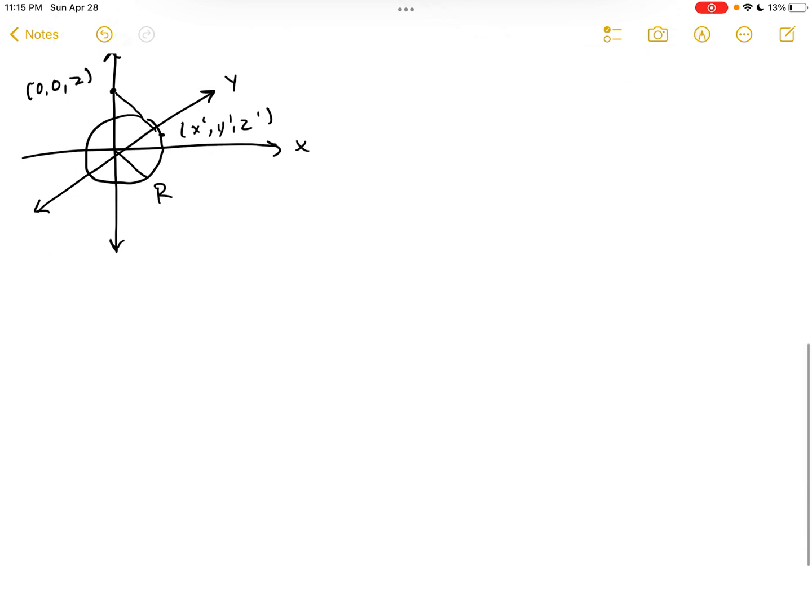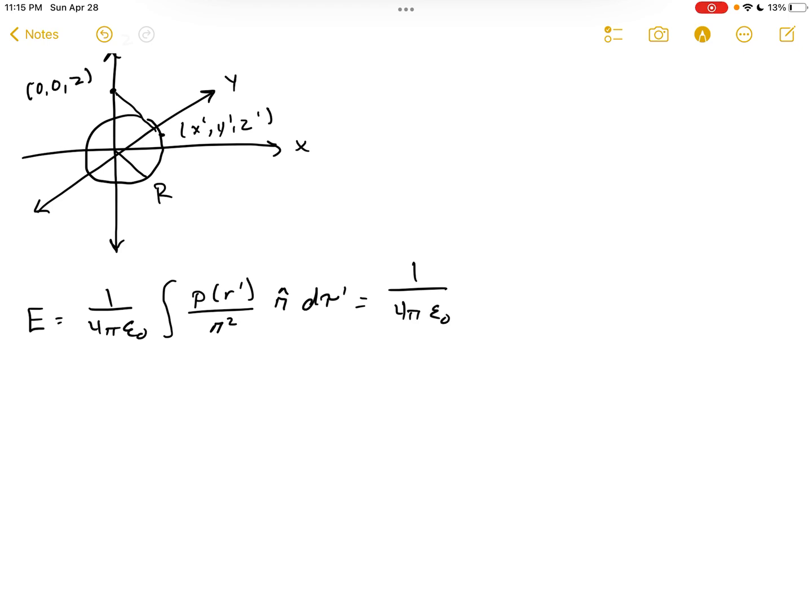So then we take our formula and we get E equals 1 over 4 pi epsilon naught times the integral of rho r naught over script r squared, script r hat, d tau, which is equal to 1 over 4 pi epsilon naught rho over the magnitude of r minus r naught squared.